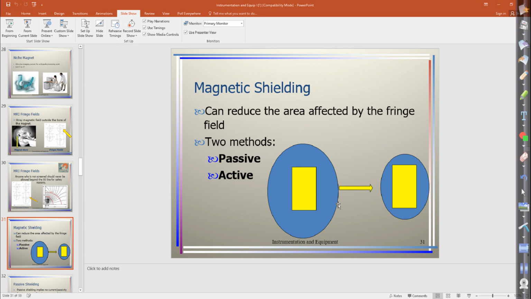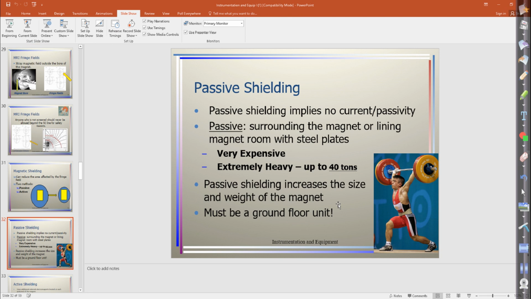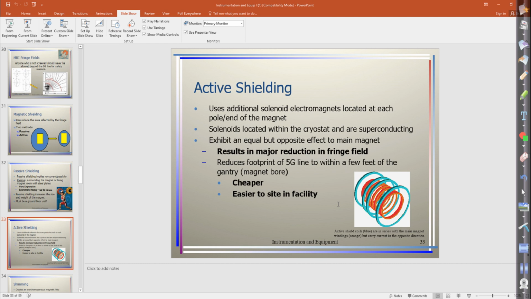Passive shielding is when we're just placing steel plates in the magnet or even in the room walls to reduce that fringe field. And active shielding is where we're using another electromagnet and applying a magnetic field in the opposite direction to reduce that fringe field. It's cheaper, and it's easier to site the facility because it's not as heavy, so that's always the desired option.